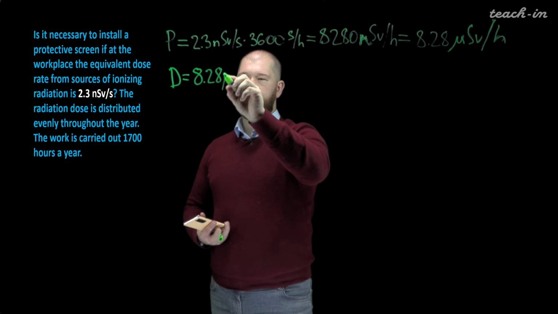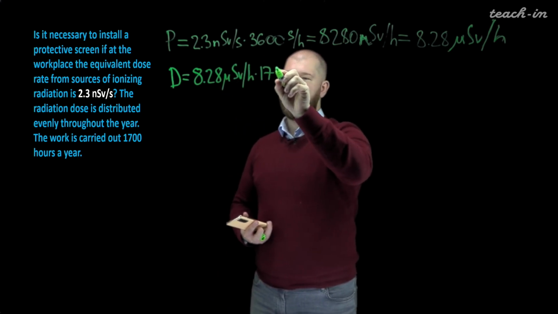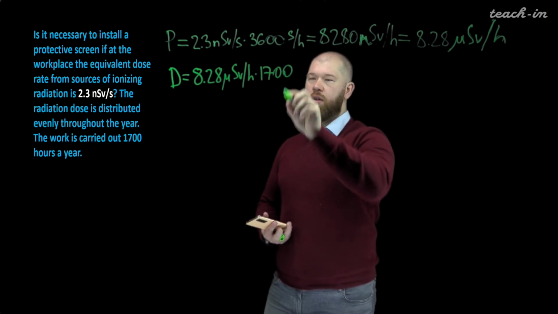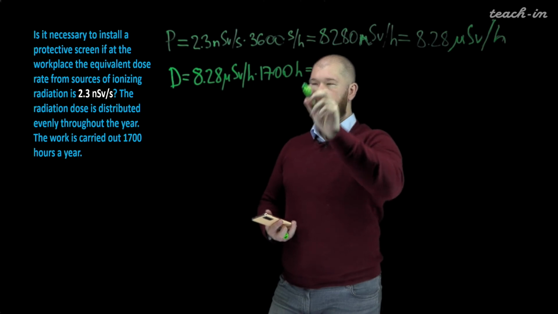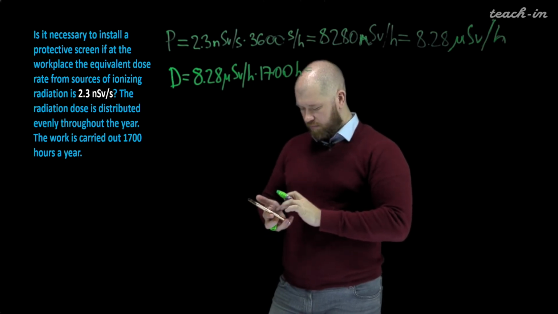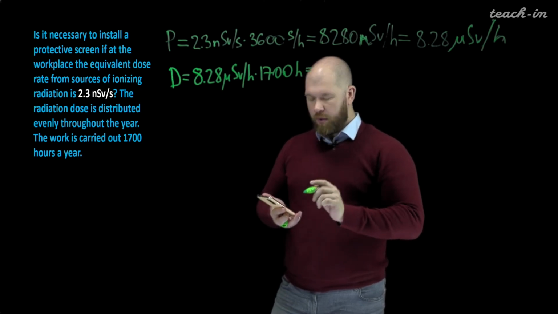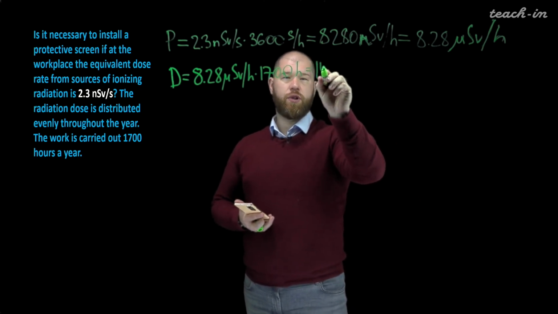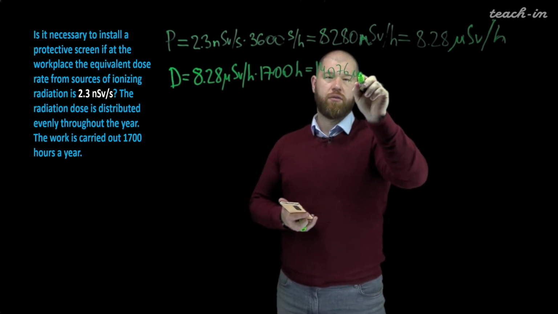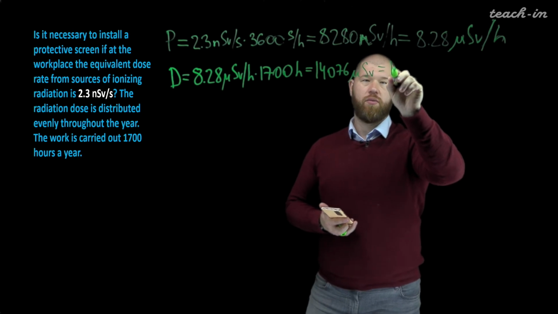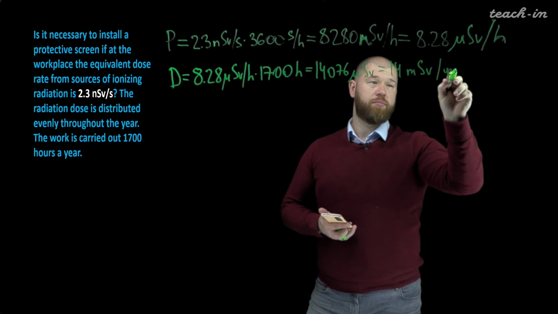So it is 8.28 microsievert per hour multiplied by 1,700 hours, and thus it will be 14,000 microsieverts or 14 millisievert per year.